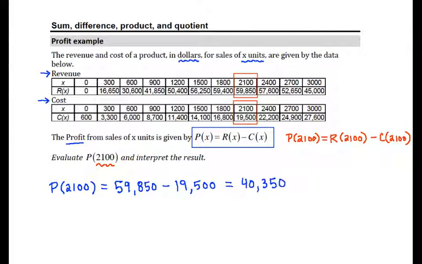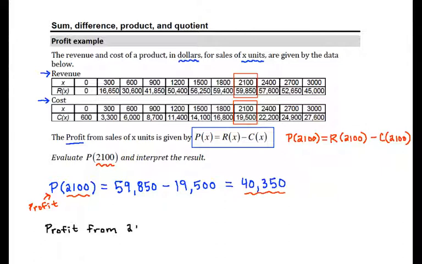And now, of course, to interpret the result, we want to just use the numbers 2100 and 40,350 with the word profit and with the appropriate units on each number. So translating this from left to right tells us that the profit from 2100 is our value of X, which is the number of units.